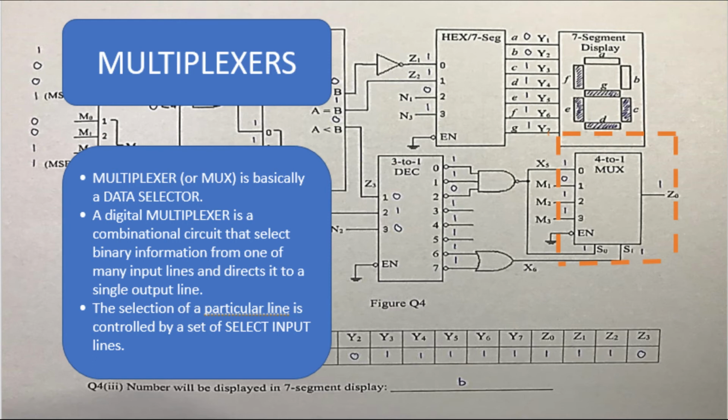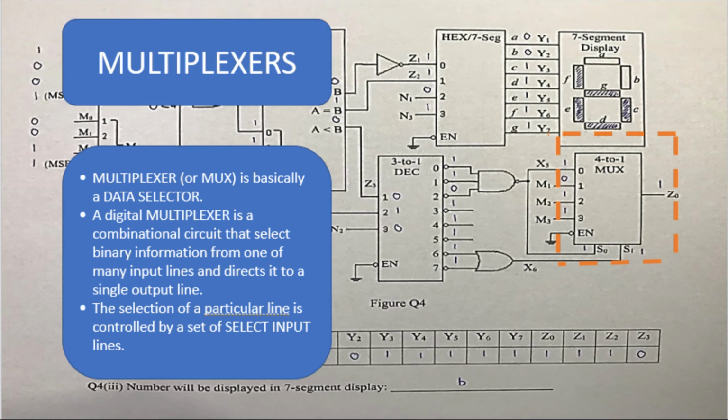If the selector is 11, the output will be 1, which is m3. And the equation that comes out at the output is Y equals m0 s1 bar s0 bar plus m1 s1 bar s0 plus m2 s1 s0 bar plus m3 s1 s0.